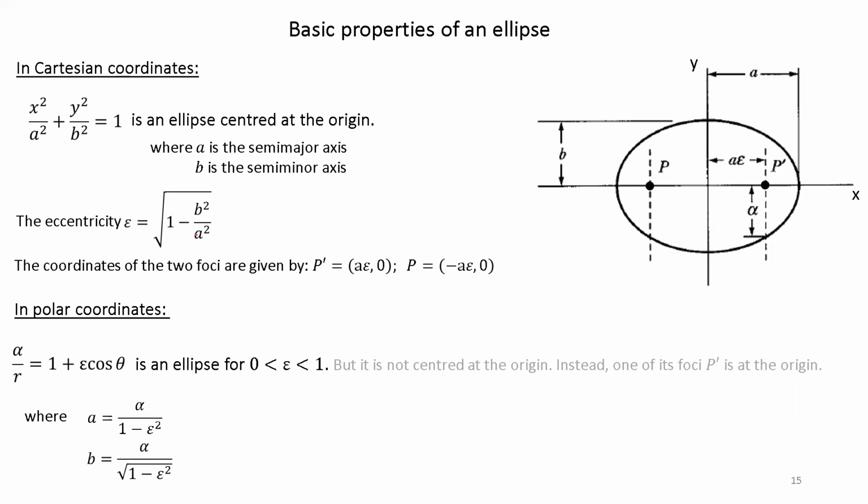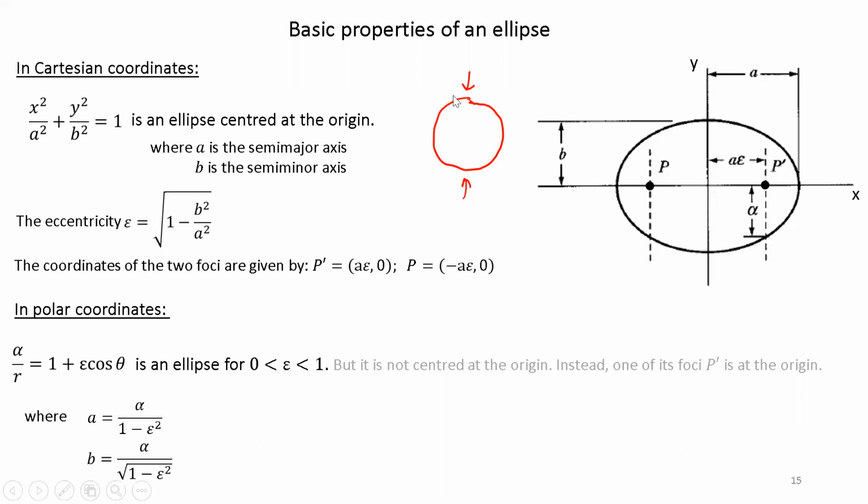So B and A, this divided by this, tells us how compressed the circle is. You can imagine that the ellipse is formed by a circle, and then you just compress it on one of the dimensions.